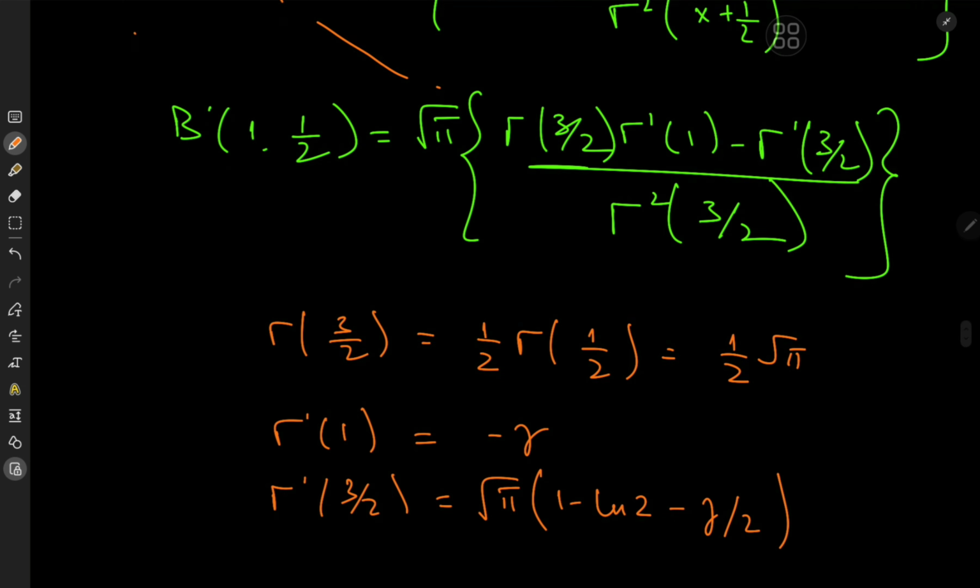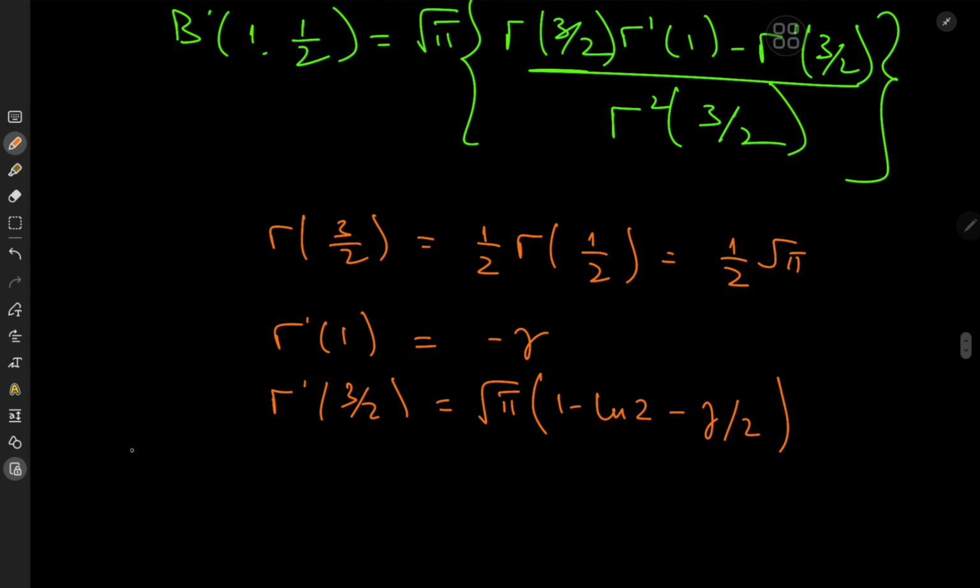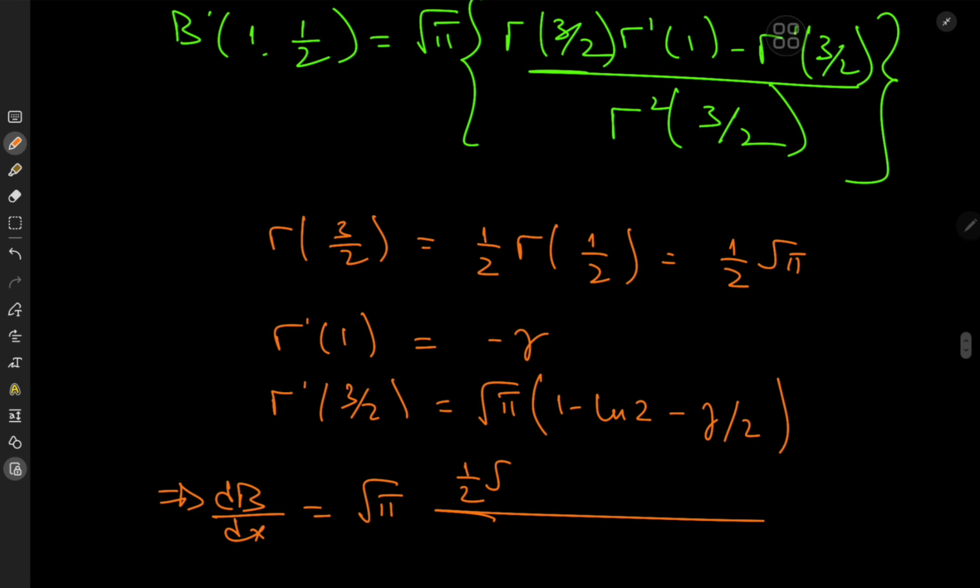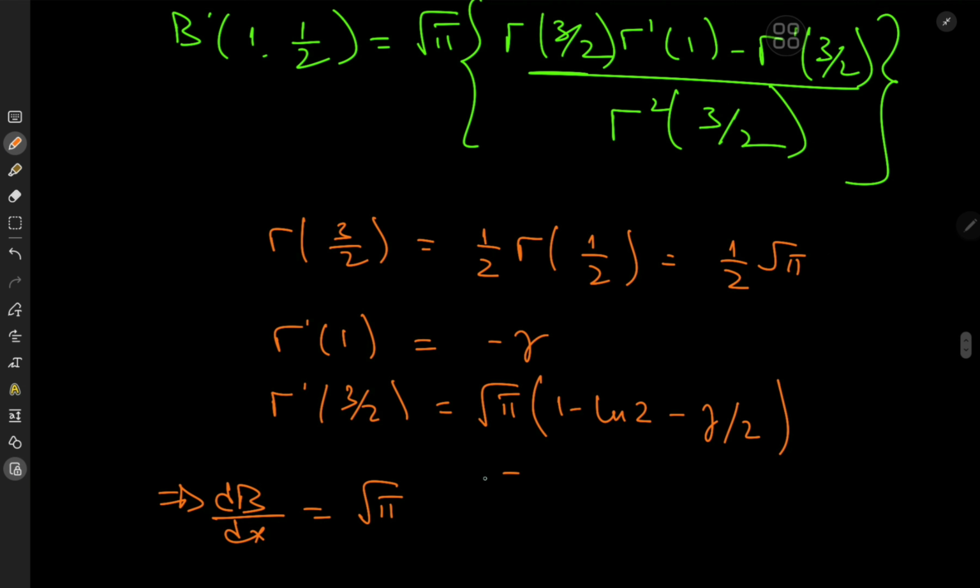Okay, cool. So plugging these results in, we see that we have the derivative of the beta function with respect to x equal to root pi times, what exactly do we have? Well, we have 1/2 of root pi.